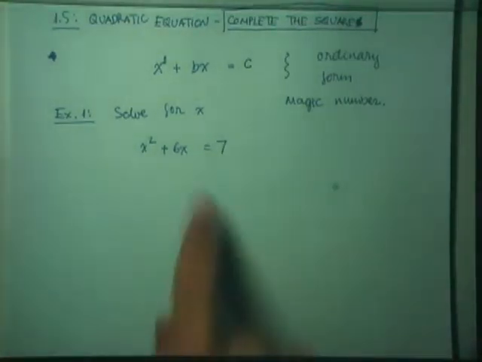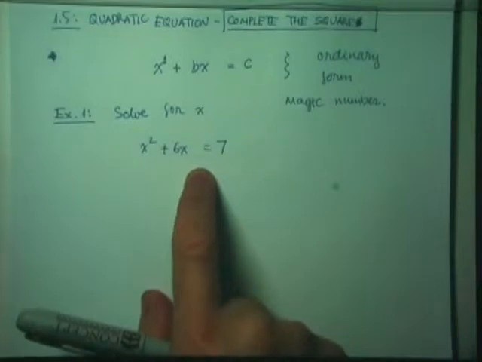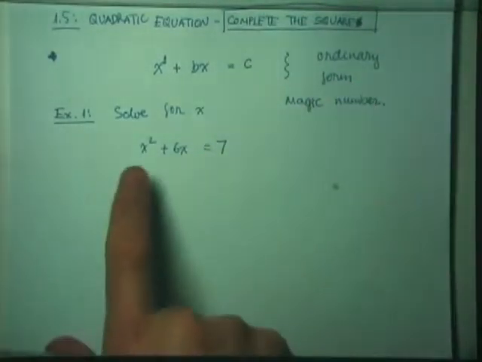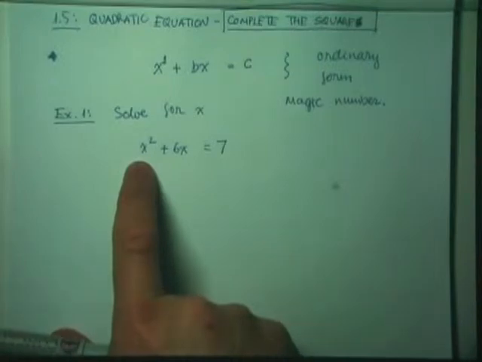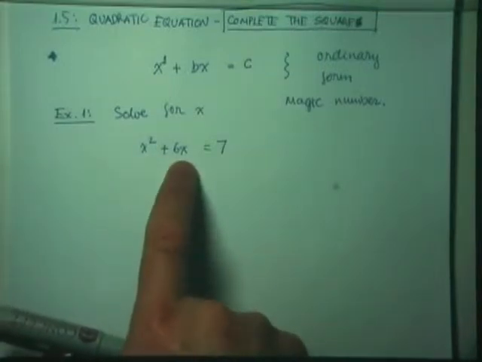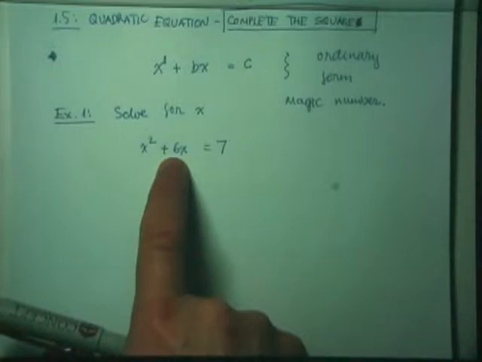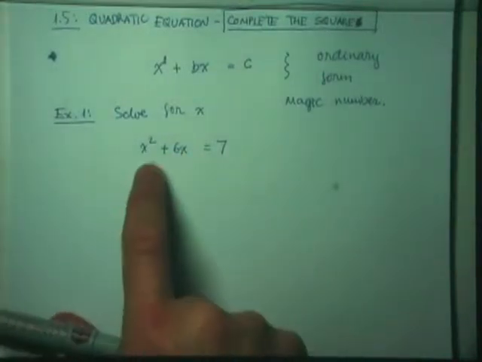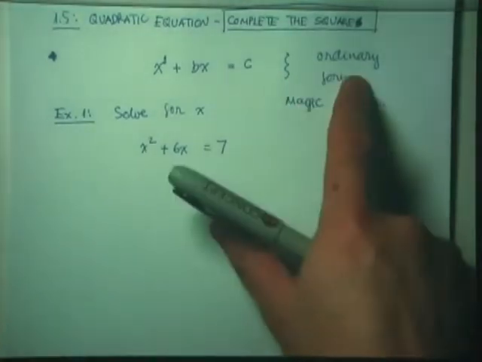Right at the starting point, let's check: is it in the ordinary form? Yes, it is. I have one single x squared term plus an x term with coefficient positive 6 equals a number, positive 7, on the other hand side. So this is perfectly matched to the ordinary form.